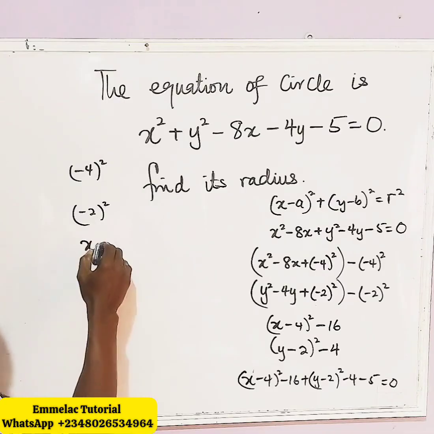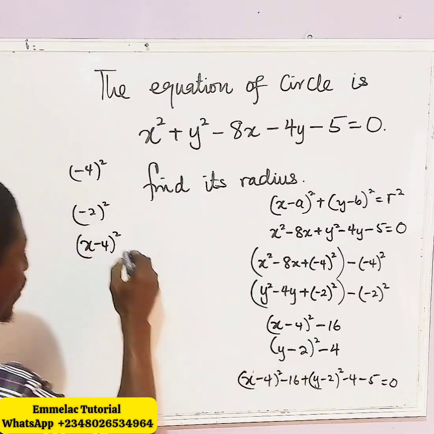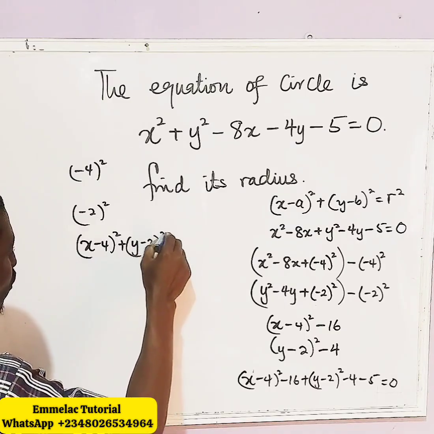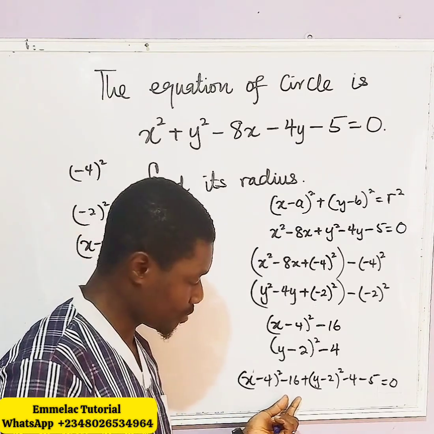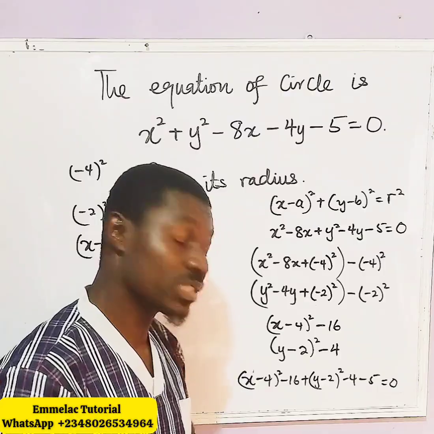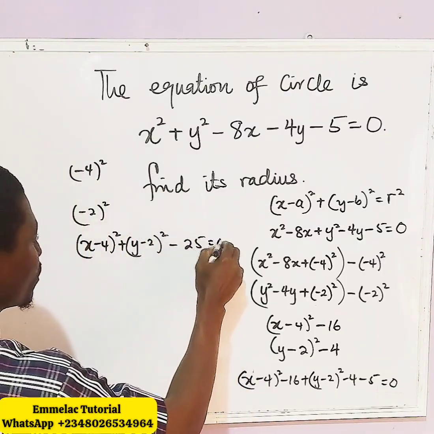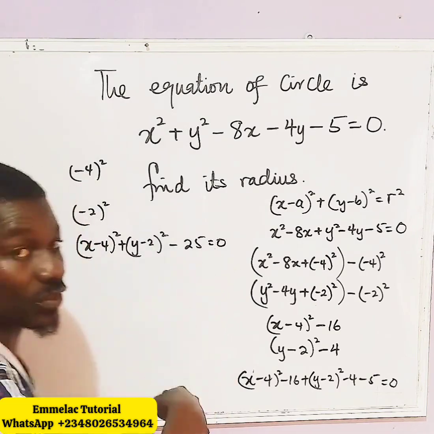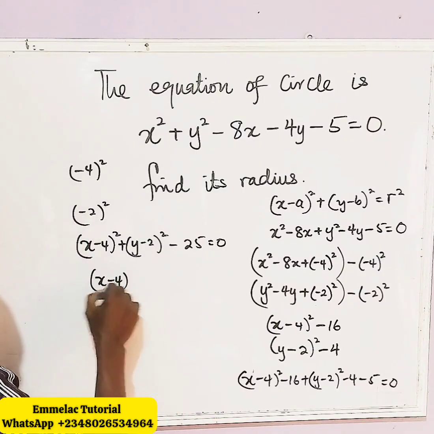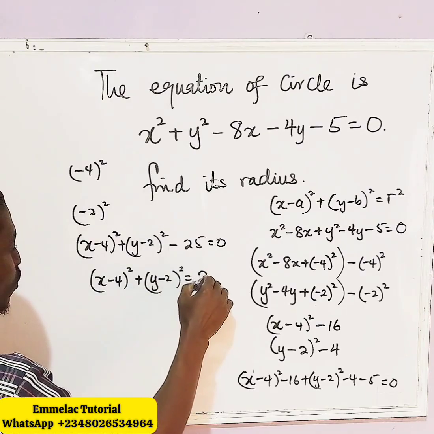That will be x minus 4 all squared, plus y minus 2 all squared, then here you have negative 16, take away 4, take away 5, that should give us negative 25, equals 0. Now taking negative 25 over to the right hand side, we have x minus 4 all squared plus y minus 2 all squared equals 25.